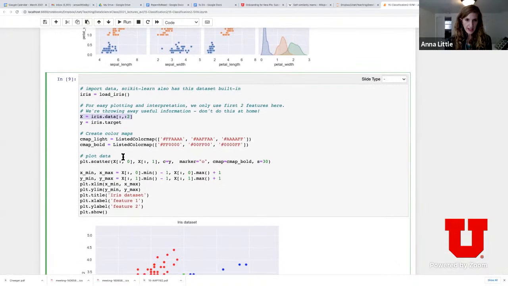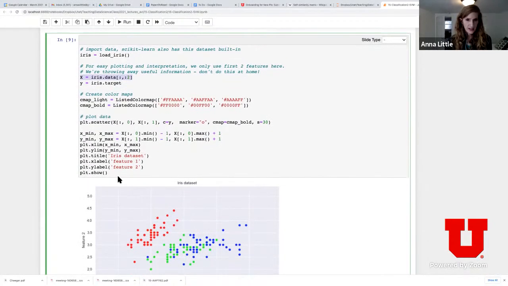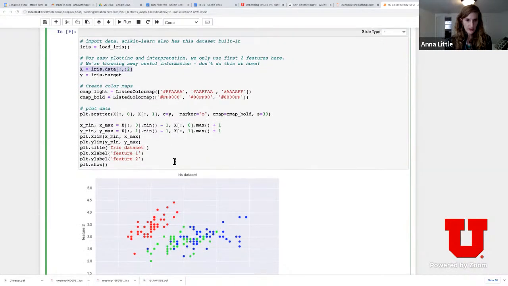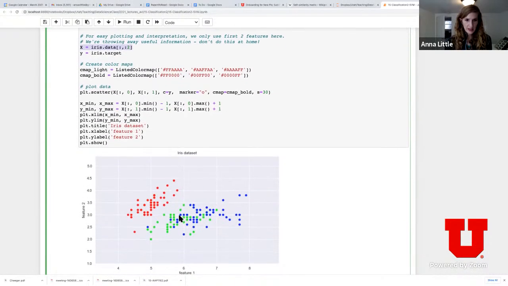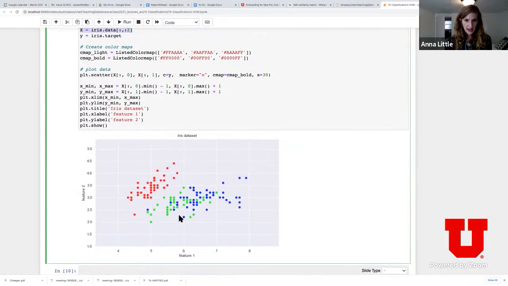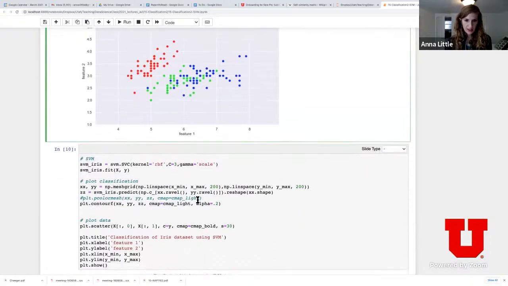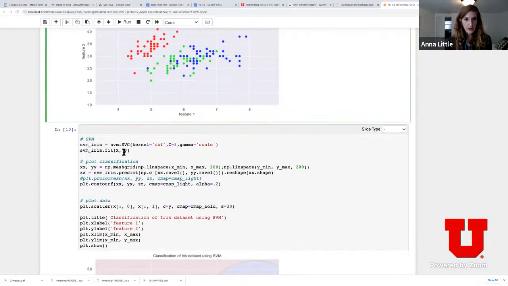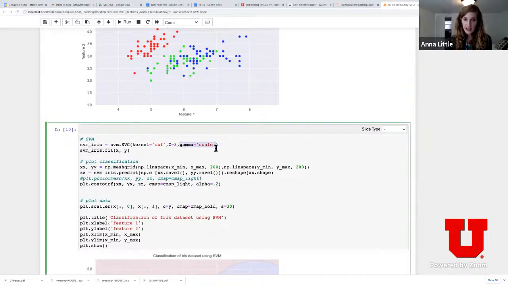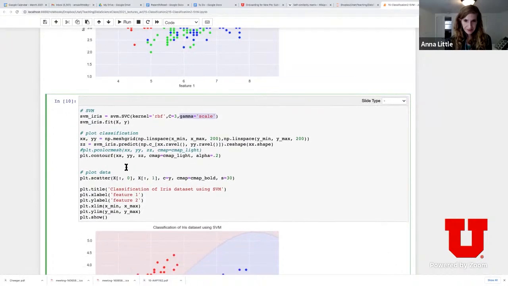Okay, we can define color maps and plot the data. And since we're getting a little short on time, let me go through this a little more quickly. So we can see a plot of the data here, and one that's kind of mixed up. If we use the SVM classifier with an RBF kernel and a C of 3, with the same default scaling for gamma, then we can fit this SVM model.